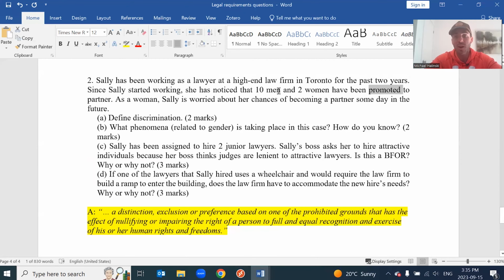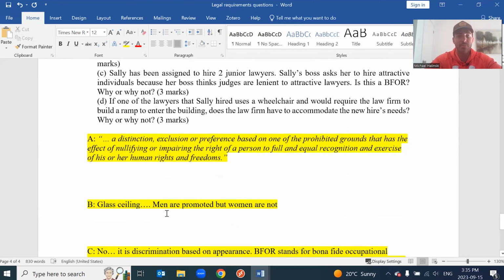If it was 5 men, 5 women, it would not reflect a glass ceiling. But given that there's a stark difference and there's really nothing justifying why these men would have more experience or skills than these women, it would reflect a glass ceiling, okay? So men are being promoted over women, and there's really no evidence to suggest why these men are more skilled or have more knowledge than the women.